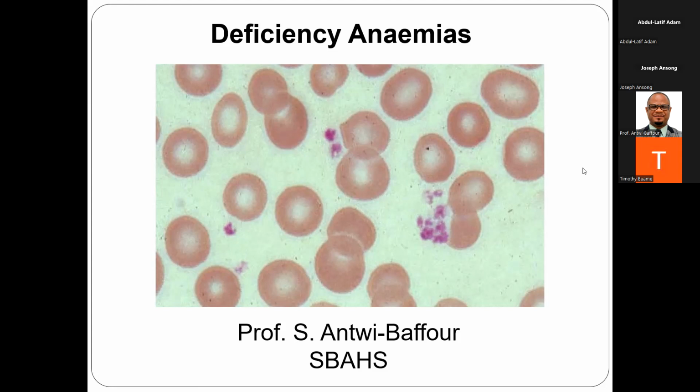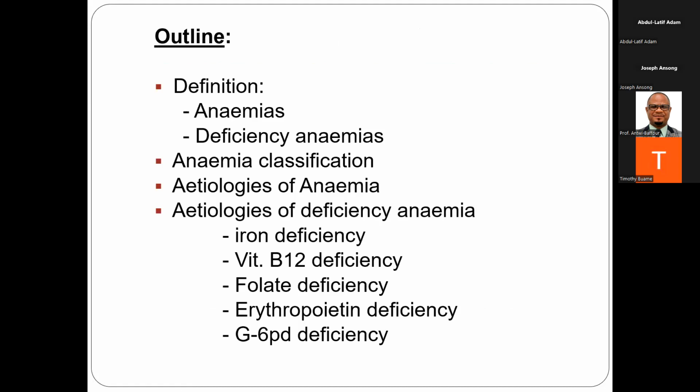Okay. All right. So today we are going to talk about deficiency anemia. And if time permits, we will look at some red cell structure and how they affect different shapes and sizes of red cells. So the definition of anemia will be just like we have been saying it for the other types, so I won't be too long.